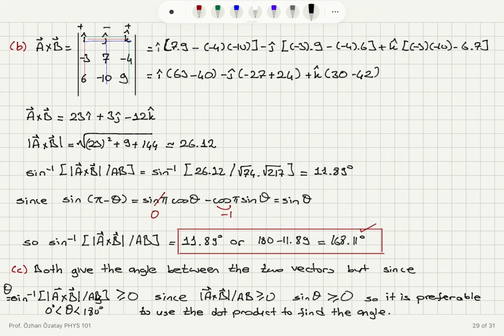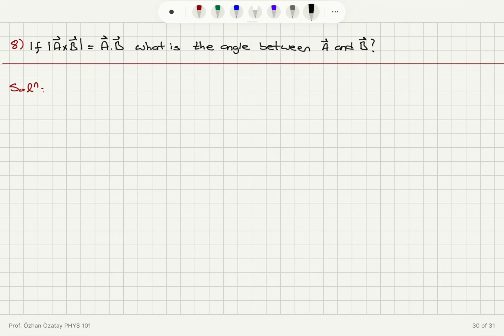Now let's move on to the next example. If the magnitude of A cross B is equal to the dot product of A and B, what is the angle between the two vectors? Well, the magnitude of A cross B is magnitude of A, magnitude of B, sine of the angle between them. But the dot product of A and B is magnitude of A, magnitude of B, cosine of the angle between them.